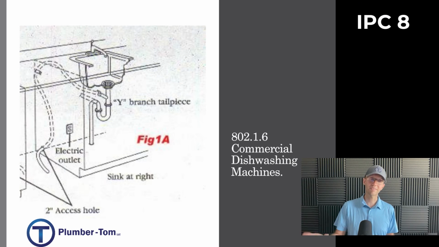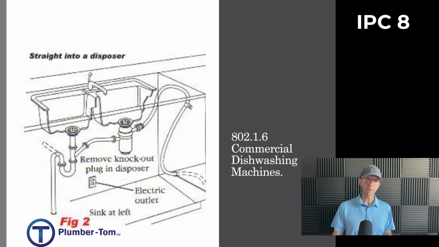Here's another example in a single compartment, a simple Y tailpiece with the dishwasher drain into that. More often, probably, we'll just connect it to the disposal, right? Disposals have, or I should say in code terms, the food waste grinder. But our garbage disposals have a specific place for us to connect a dishwasher.